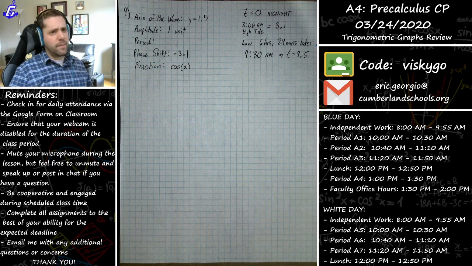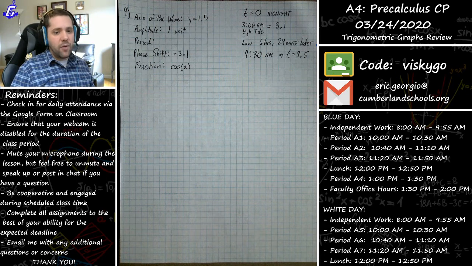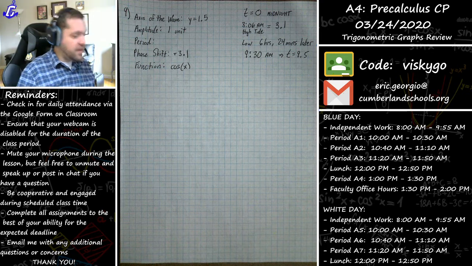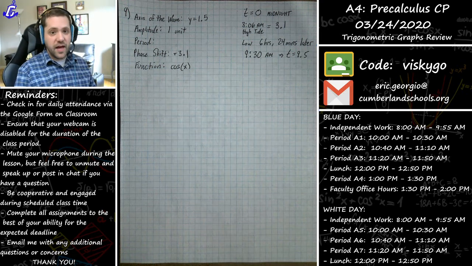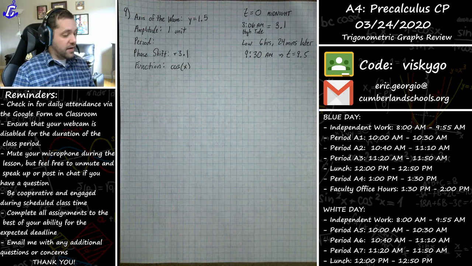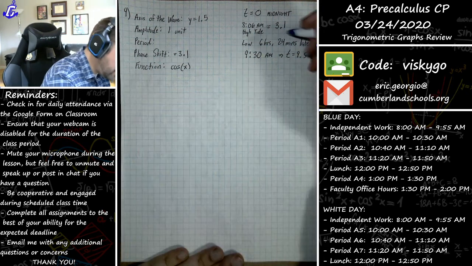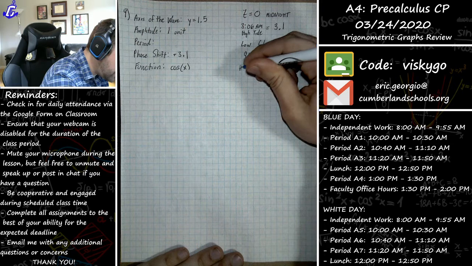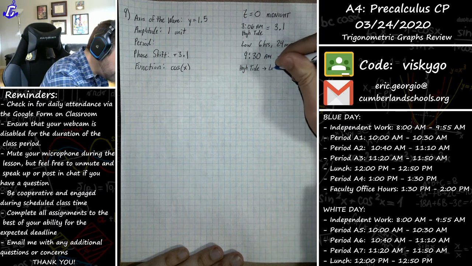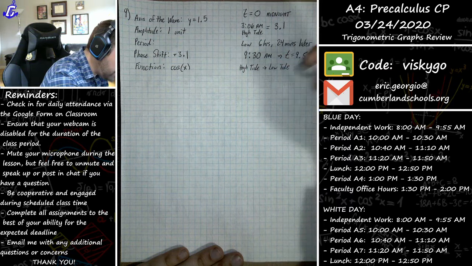Last but not least, we have the period to deal with. Remember, the period is the amount of time that it takes the graph to complete a full cycle. Here, we're given the amount of time that it takes the graph to go from high tide to low tide. And what actually is that amount of time? From high tide to low tide, it says it right here. It's 6 hours and 24 minutes, right?